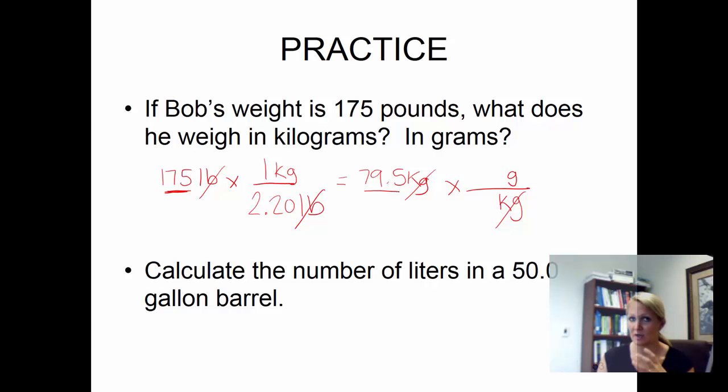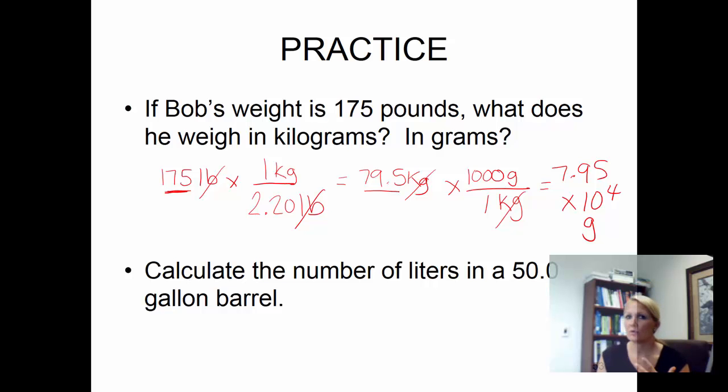Remember, kilo is 1,000 times. So in 1 kilogram you have 1,000 grams. All you did there was move your decimal place over 3 times to the right. So you get 7.95 times 10 to the 4th power grams.